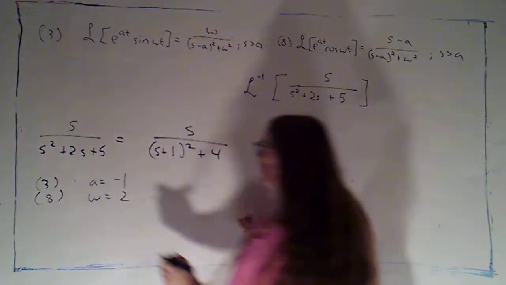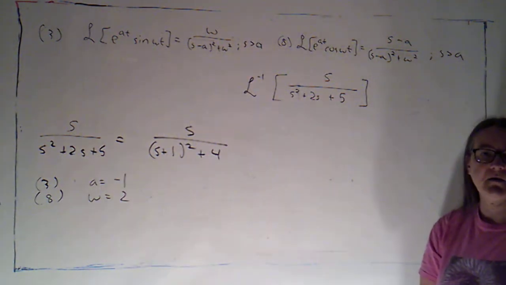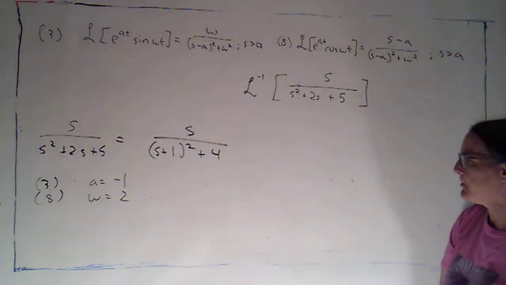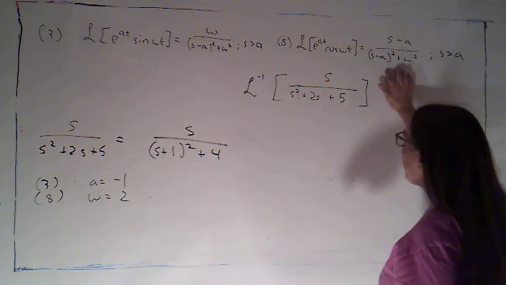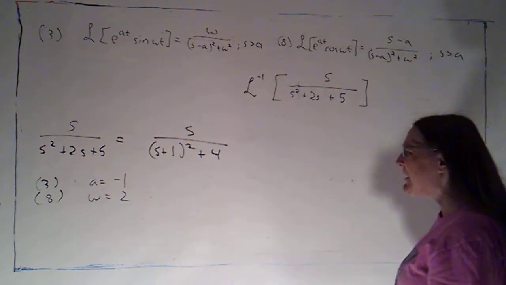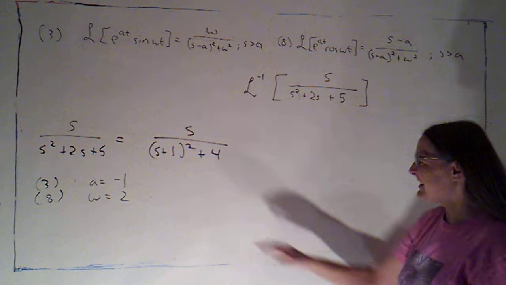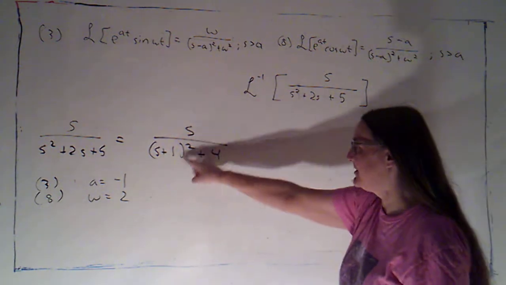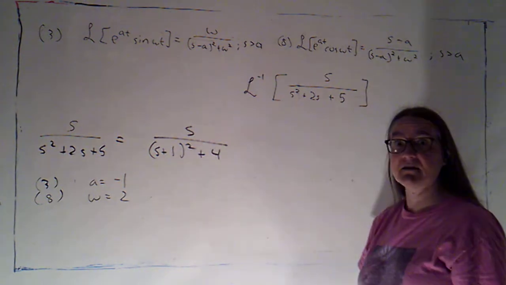My omega is a number that squares to give me 4. I'm going to pick the easier one. I'm going to pick 2. Okay. So the denominator matches with that choice, but what I want to have on top is s minus -1. I want to have an s minus a on top. I want to have an s plus 1. Whenever I'm squaring here, that's what I want on top.